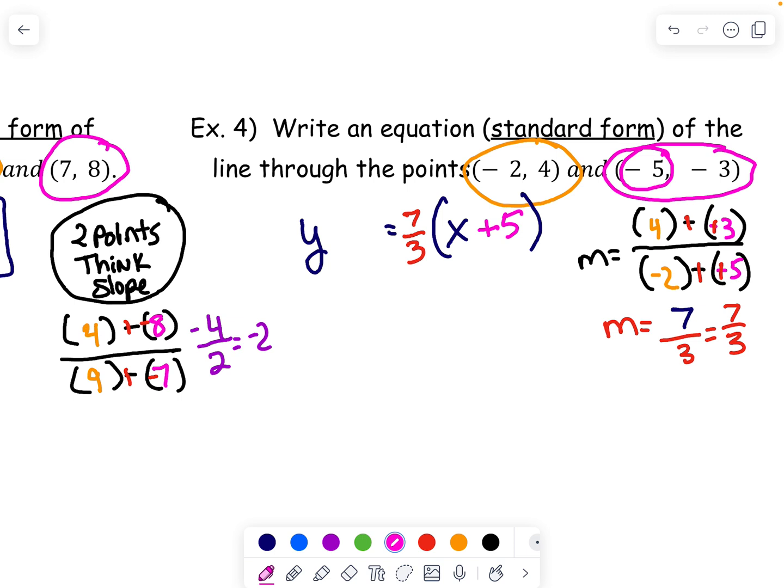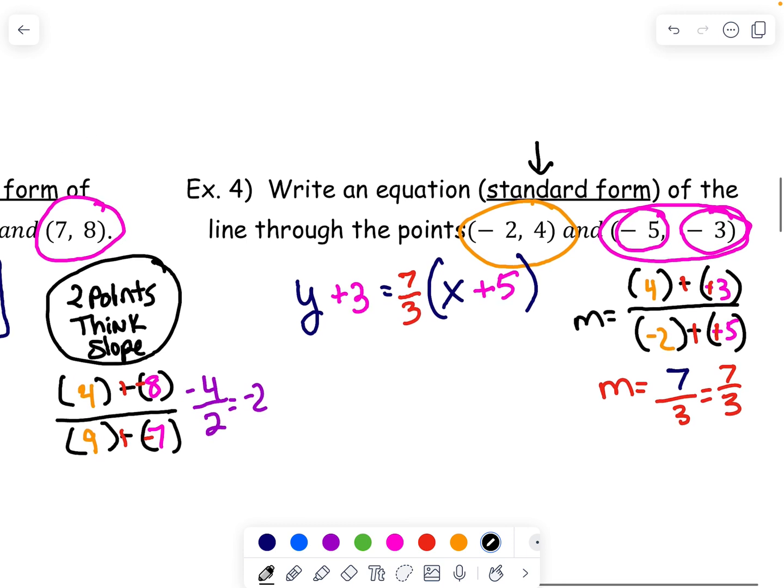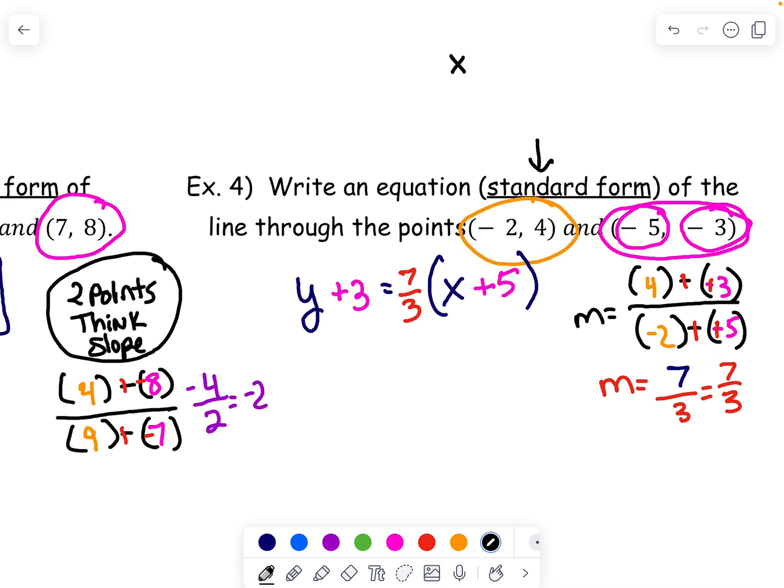Okay, so now we have the opposite of x. Now we're going to do the opposite of y. So our y is -3, so we put a +3 there. Okay, cool. So we want standard form, right? In standard form, just a little reminder, we need our a, b, and c, no fractions, no decimals, and we want our a to be positive.